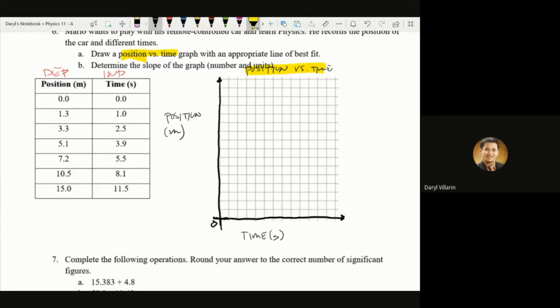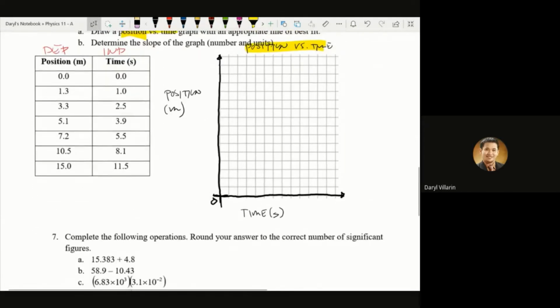Now before I can plot, I need to have my scale for both x and y, or for both time and position. So if I look at the time, maximum is 11.5, and then my minimum is 0.